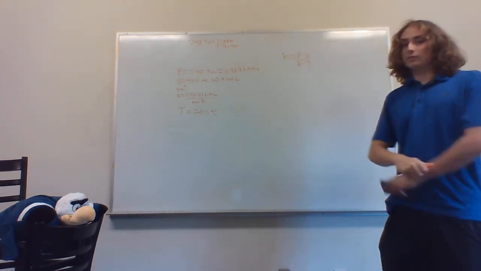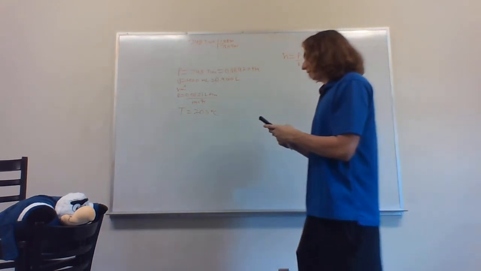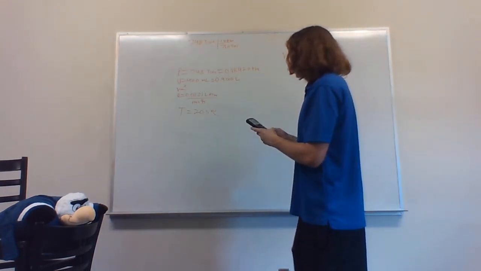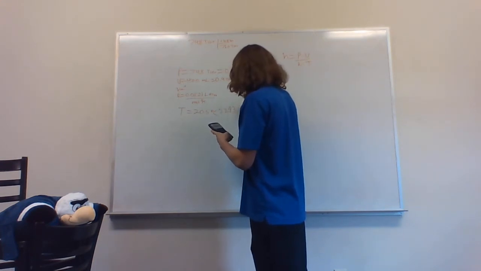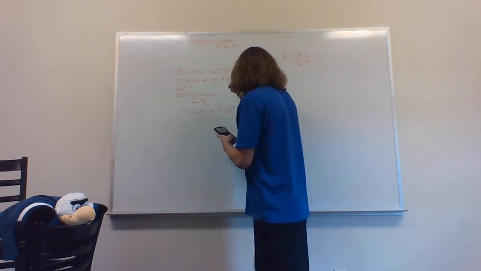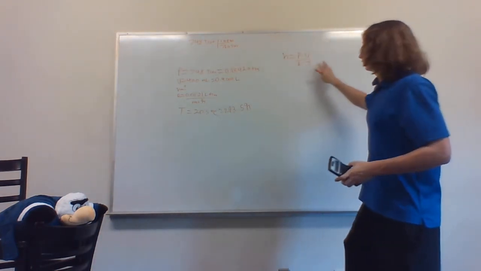And our last number we need to convert is Celsius to Kelvin. So 20.5 degrees plus 273 is 293.5 Kelvin. And now we can plug all our numbers into this equation.